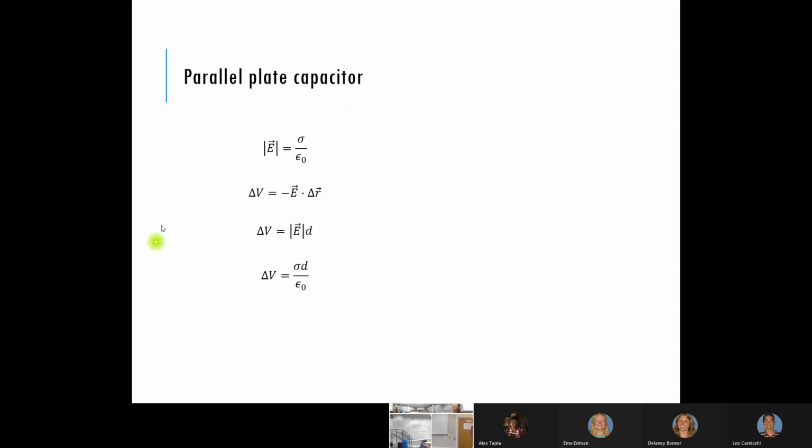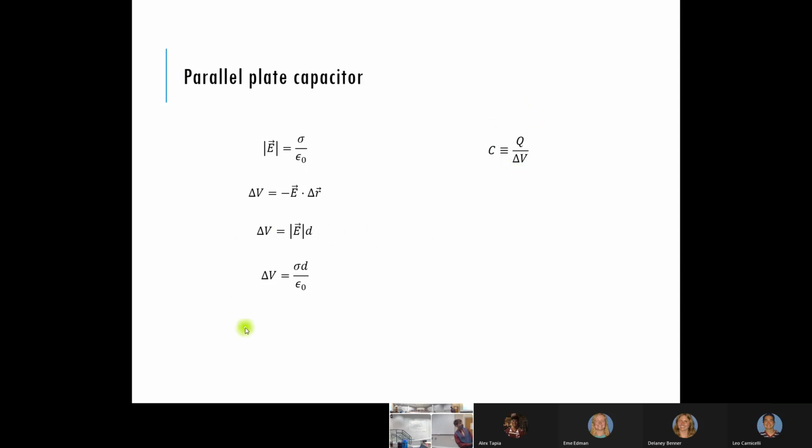Now up here, I think I start again, I hope, with the definition of capacitance. Yes, I got one! So now I've got an expression for the change in potential between capacitor plates, and I've got how I've defined the capacitance.